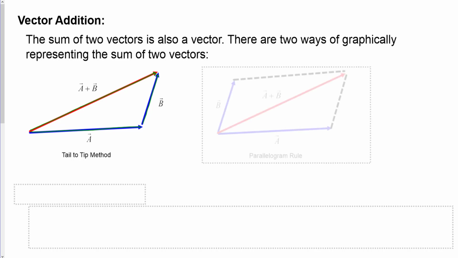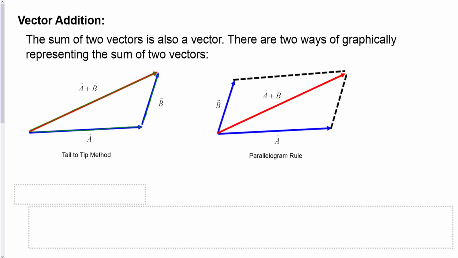Another way to think about this is the parallelogram rule, where you arrange vector A and vector B so that they have a common initial point, and you create a parallelogram using lines that are the same length and the same direction as the original vectors that you start with, and you create the diagonal of that parallelogram.